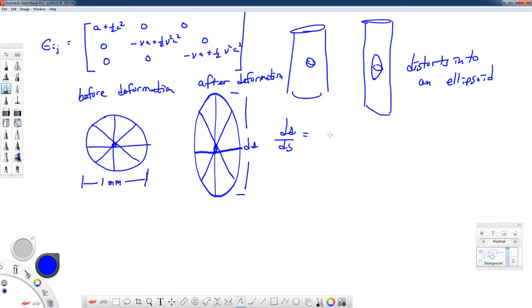So d script s by ds is equal to the square root of 1 plus 2 times the magnification factor for that particular line. And we can find the value of the magnification factor by knowing the components of our strain tensor, epsilon ij, and the unit directions, if we write it in this form, ni nj.